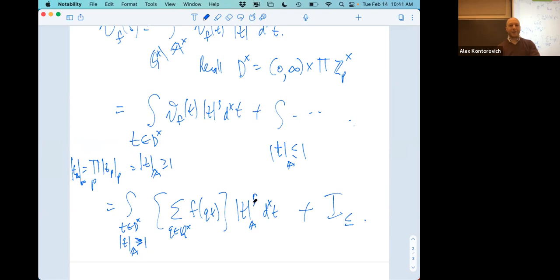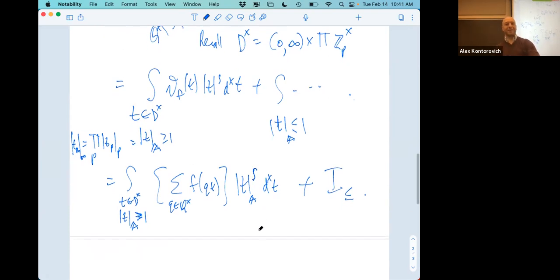What can we say about this function, if anything? This sum over q in Q cross, recall, is nothing but a sum over the integers of f of n over some fixed capital N times t.